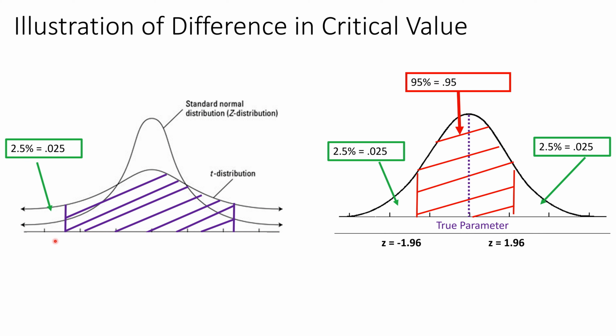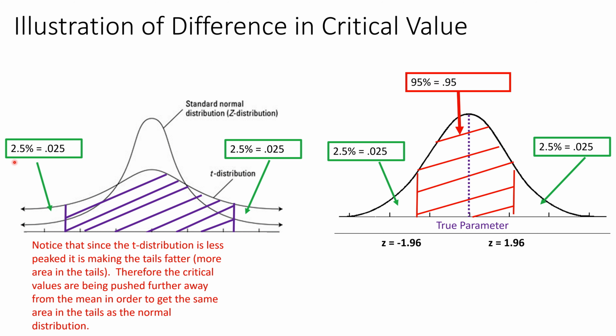We also want to find the area to the left equal to 2.5%, and the area to the right equal to 2.5%. So notice that since the t-distribution is less peaked, it's making the tails fatter, or heavier. Therefore, the critical values are being pushed far away from the mean in order to get the same area in the tails as the normal distribution.